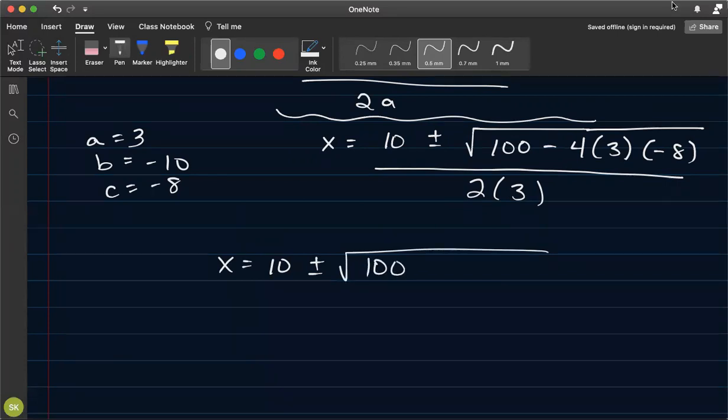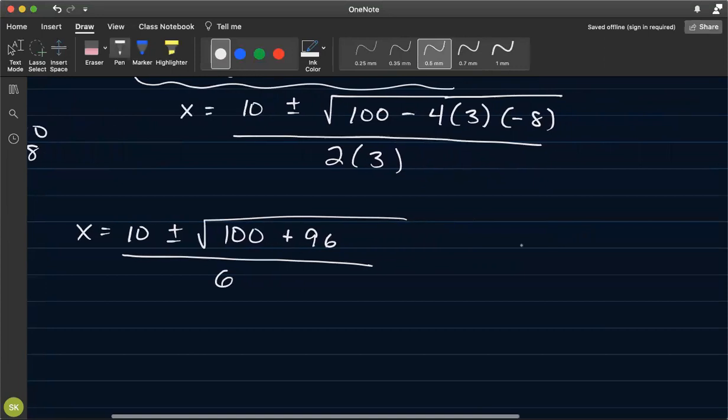I'm going to pull out a calculator. We need to multiply 4, 3, and 8. So 4 times 3 is 12. If we multiply it by 8, we get 96. And then we have a negative times a negative, that becomes a positive. All divided by 6. Let's simplify it a little bit further. This is x is equal to 10 plus or minus the square root of 196 over 6.